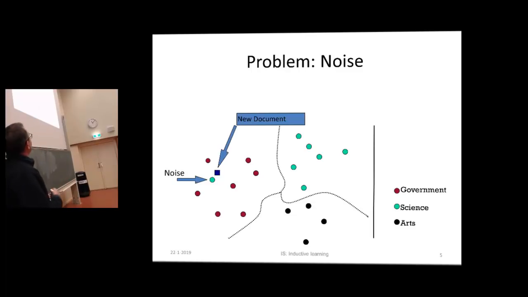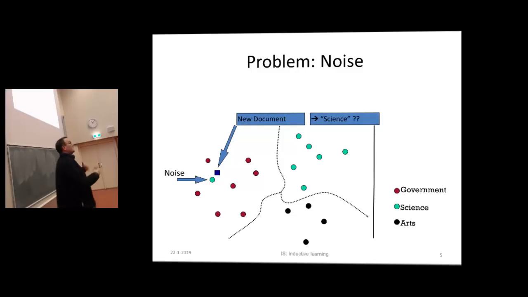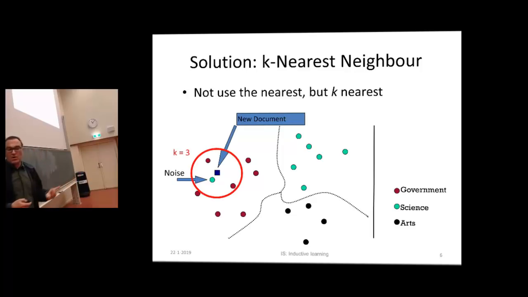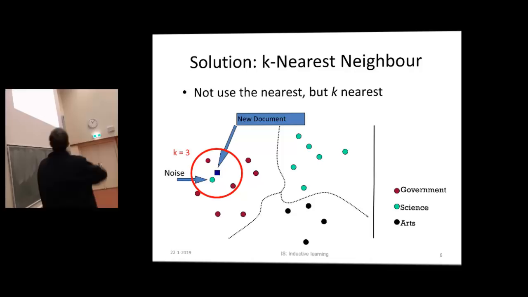So instead of doing this, what the k-nearest neighbor does, as you might have already guessed from the name of the algorithm, is that you don't just look at the closest one, but you take a number of, for example, three nearest neighbors, and you check what the majority of the classes is among these three.